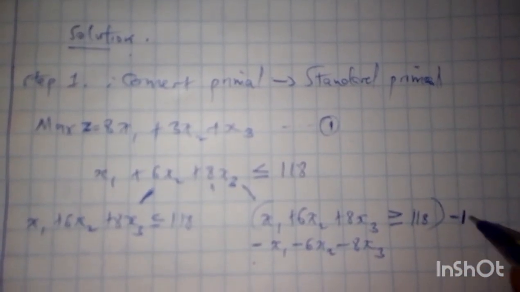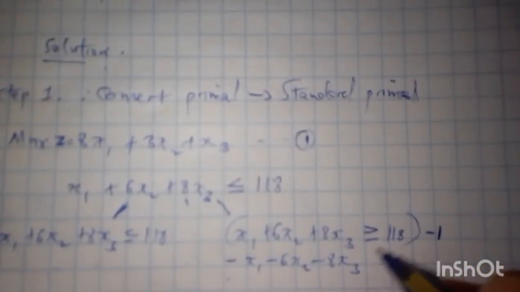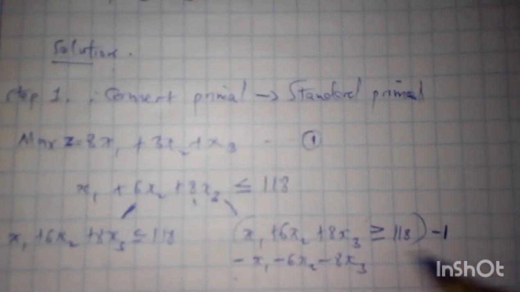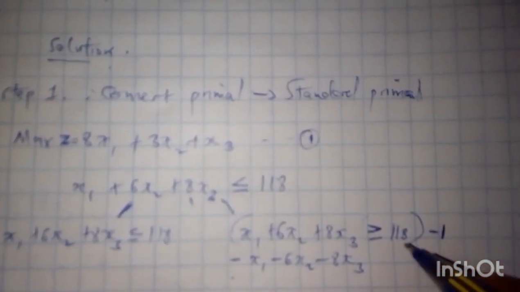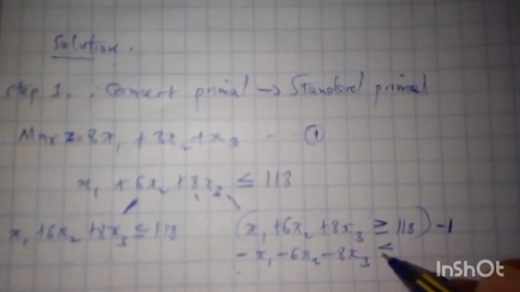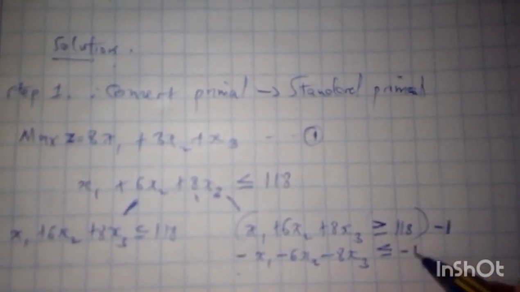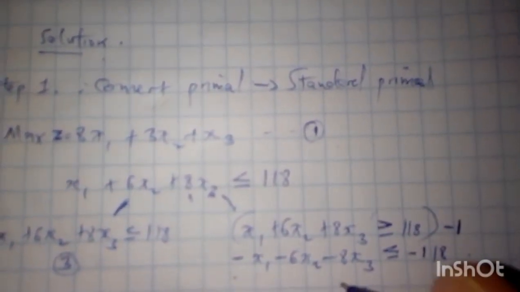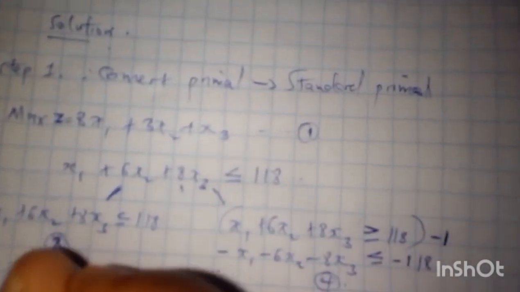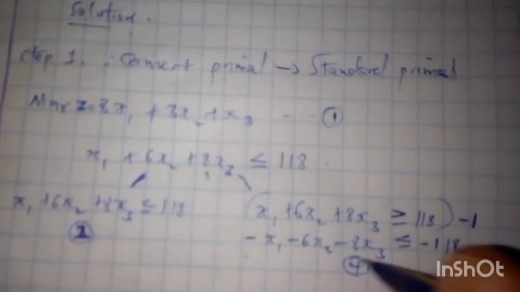So if we multiply this by negative 1, the inequality sign will change and will be less than or equals to negative 118. Hope you are there. So this is equation 2, here 3.